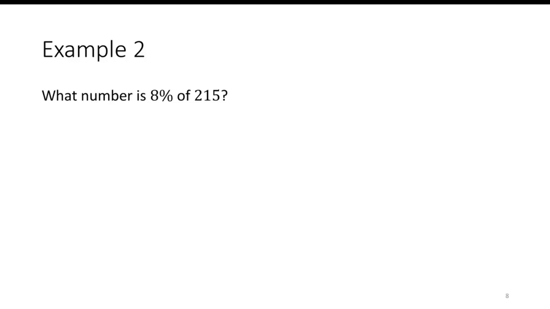So let's work it out. The what number you can replace with a variable, say x. The is equals. 8%. It's better if you write these in decimal form, and then times 215. So in this case, if I want to figure out x, I have to take 0.08 and multiply by 215.